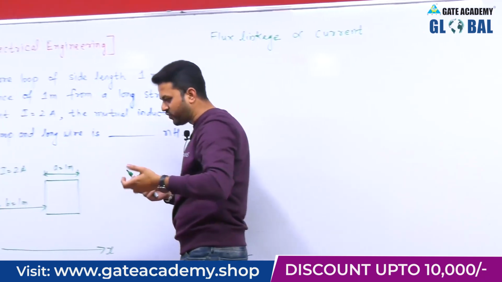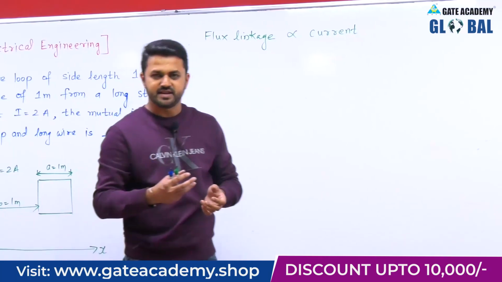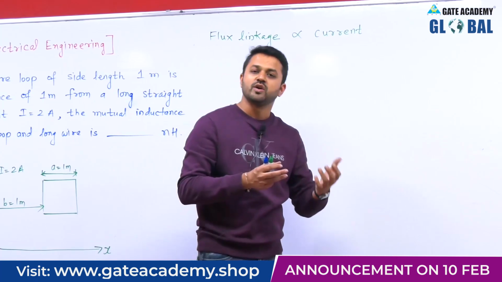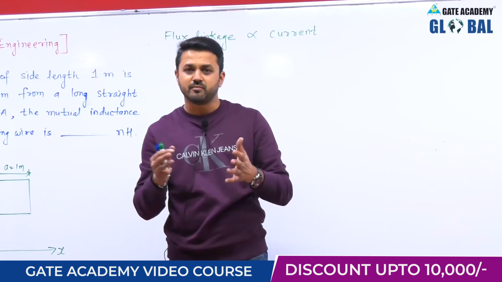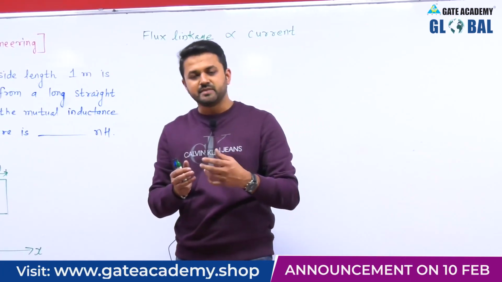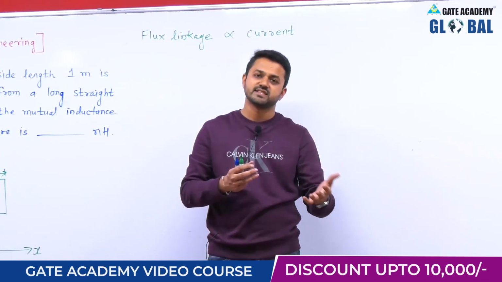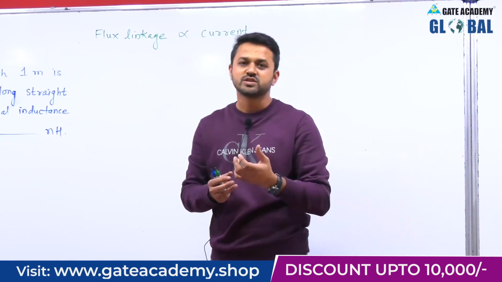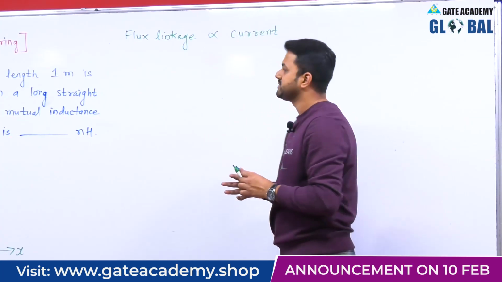Because when current flows through the conductor, a magnetic field is generated, and this magnetic field passes through some surface, so it generates a magnetic flux, and when the magnetic flux passes through the number of turns, it produces the magnetic flux linkage. Ultimately, when we increase the current, the magnetic field increases, which increases the magnetic flux, which increases the magnetic flux linkage. So the source of the increase in flux linkage is nothing but the current.